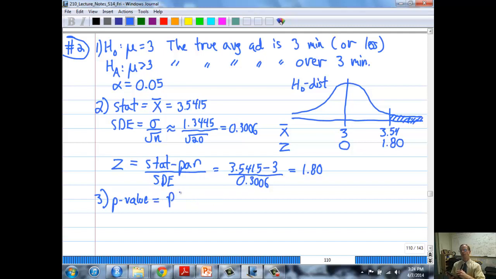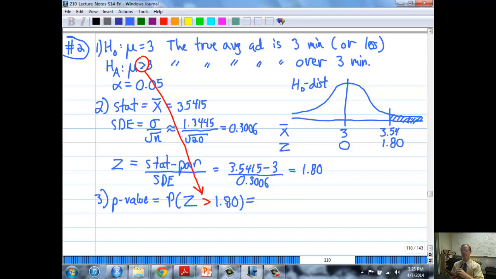We always put probability that z-score is some relationship to my observed value. So what sign do I use? I use the same exact sign as I find in my alternative hypothesis. So z greater than. Over here I'm using a greater than, so I'm only shading one side.